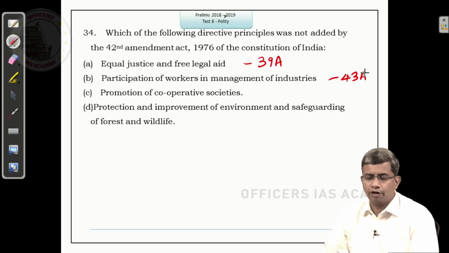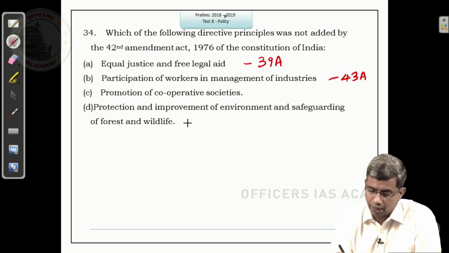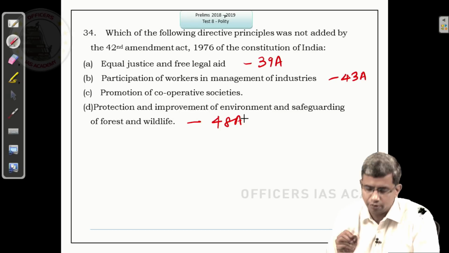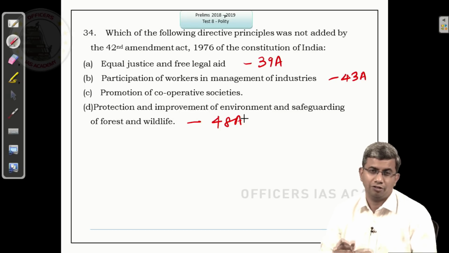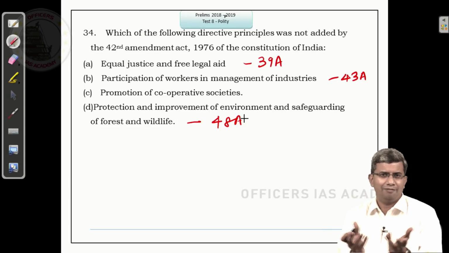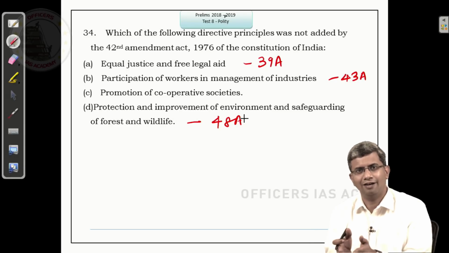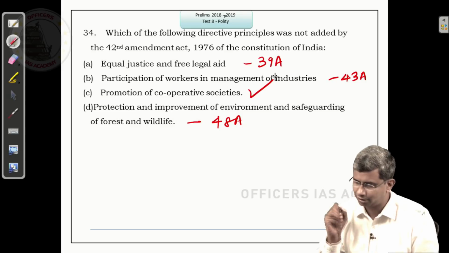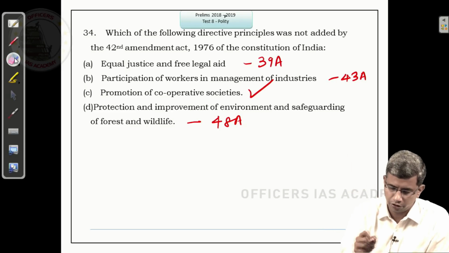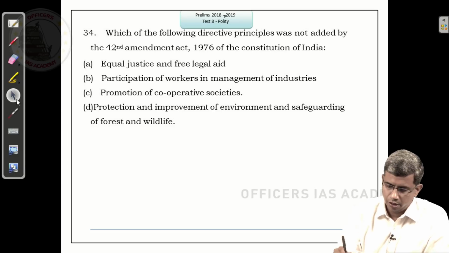Protection and improvement of environment and safeguarding of forest and wildlife, 48A. Promotion of cooperative society, sorry, I don't remember the article number exactly, 43 if I am not wrong. But anyways, I know the rest three were added in the 42nd Amendment, so I know the correct answer is C. So the correct answer for the 34th question is C.